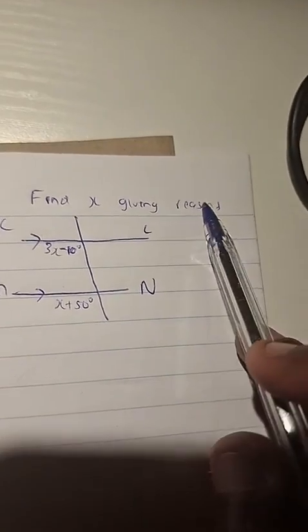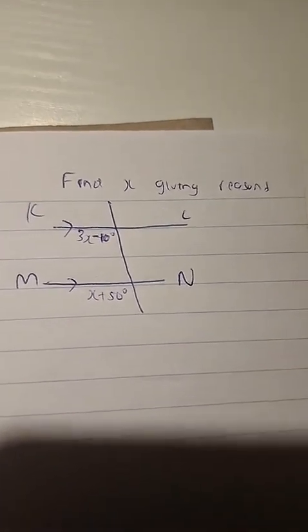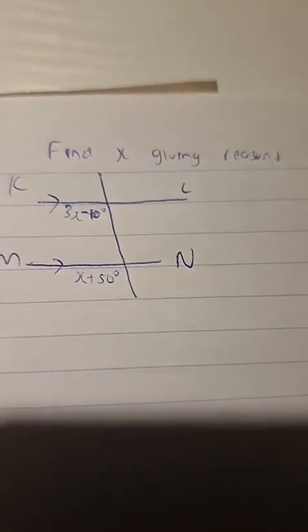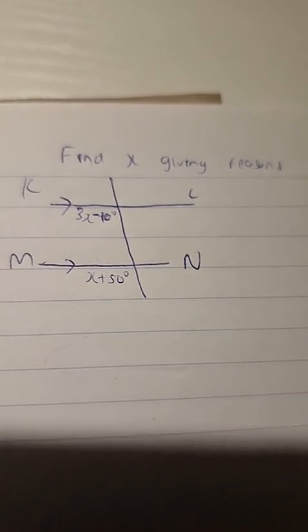Because remember, no reason doesn't make any sense. If there's no reason, then it doesn't hold. You need to have a reason, and I want to know what's the reason.